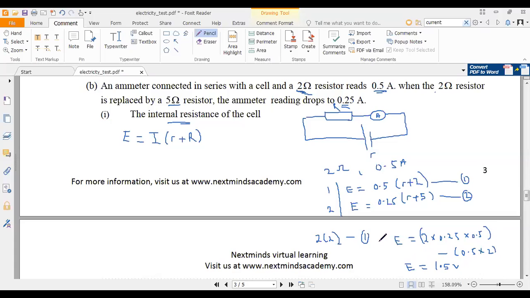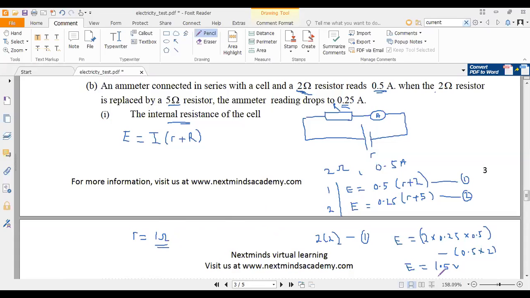Okay. So if we are to calculate r, the value of r, meaning we shall substitute E in one of these two equations. So if we substitute it in any of those two equations, I'm sure you end up getting r, the internal resistance, as being equivalent to 1 ohm.